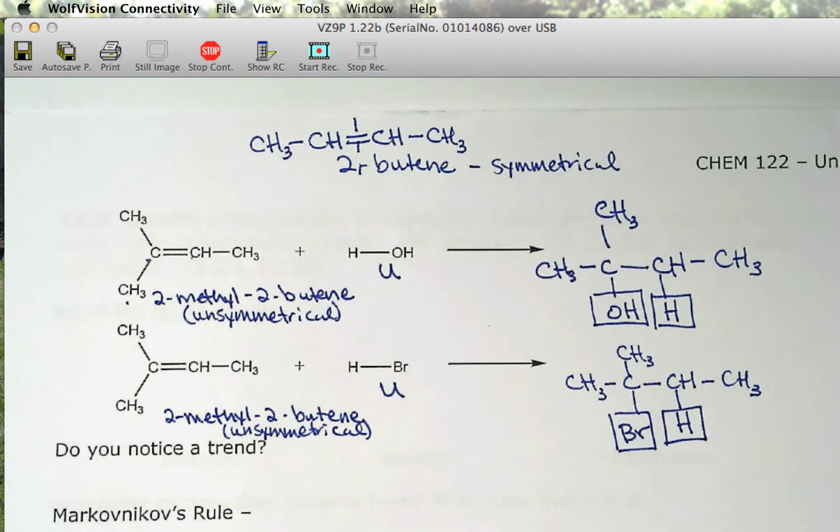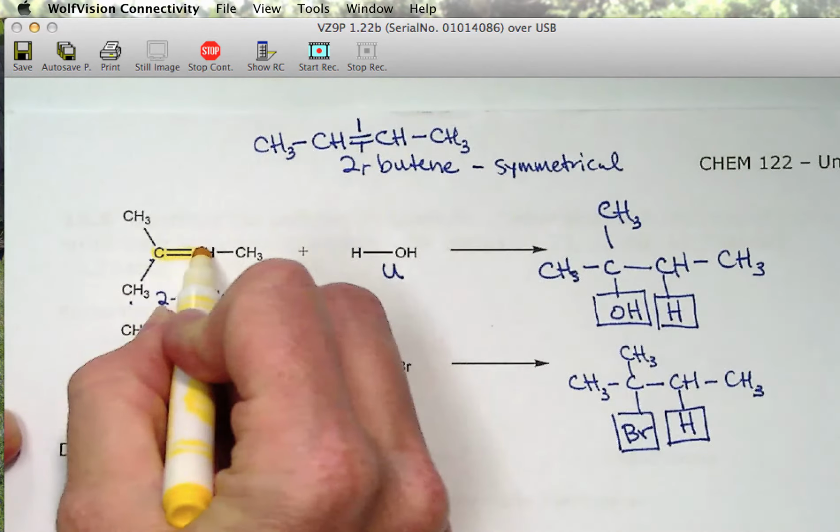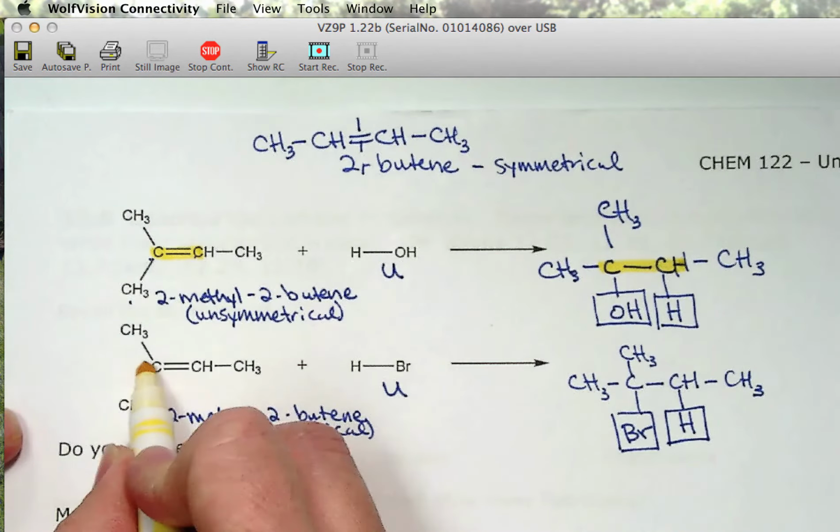But just like I said, the only thing that has changed is that this double bond has gone to a single bond.